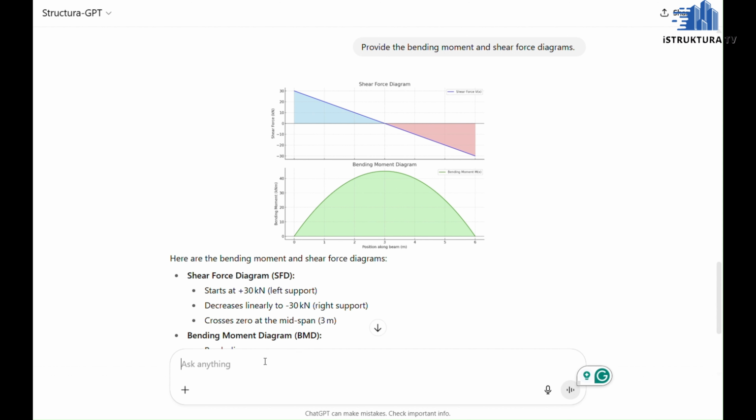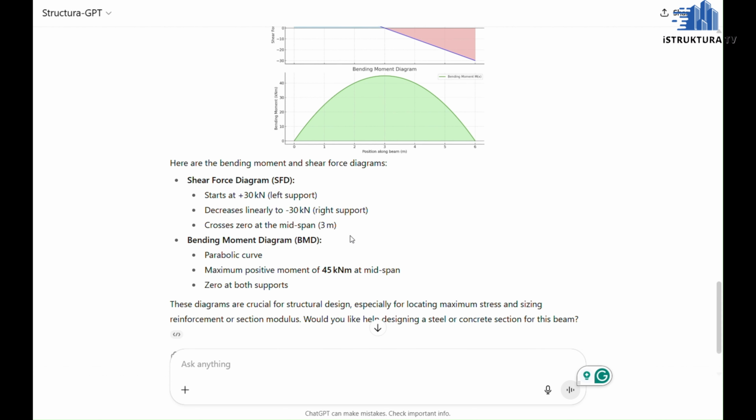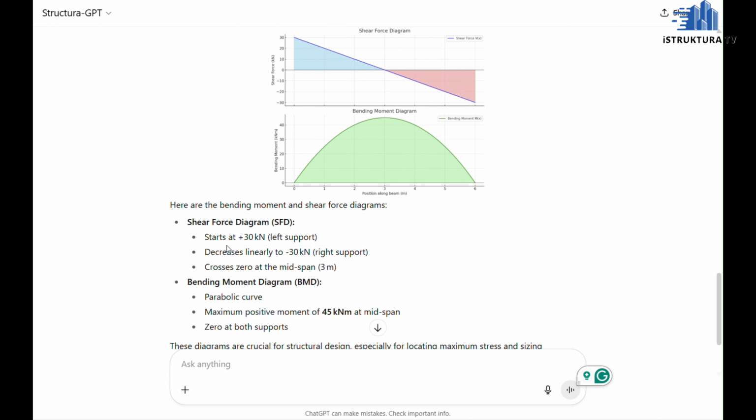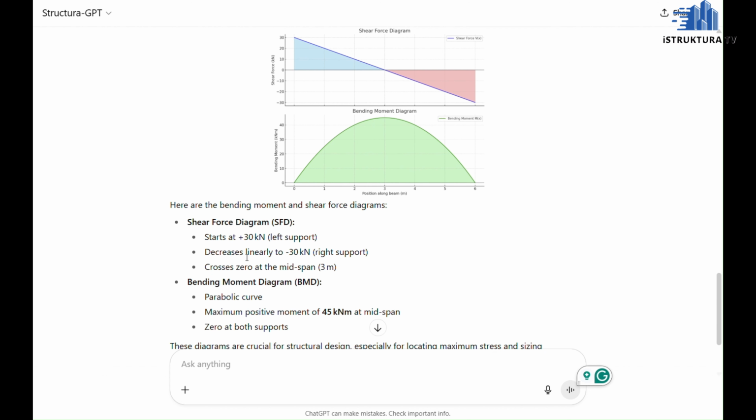Wow, look at that. It gives a shear force diagram and a bending moment diagram. The shear force diagram starts at 30, going up from the neutral axis, and decreases linearly to minus 30 at the right support, which is correct.